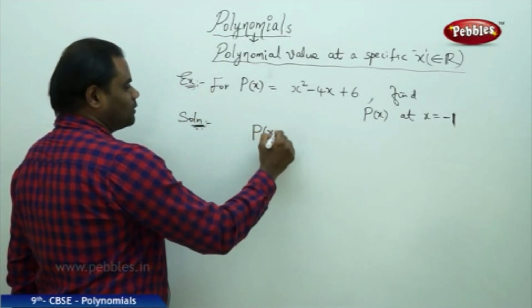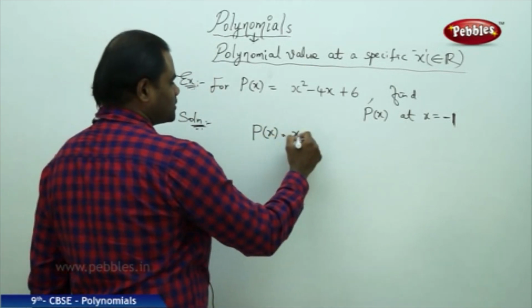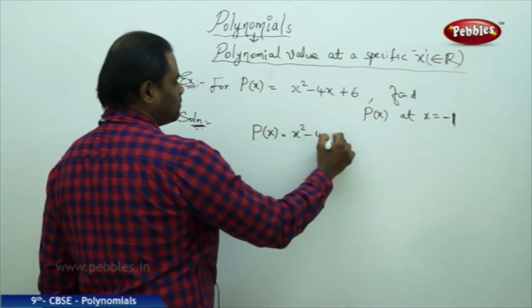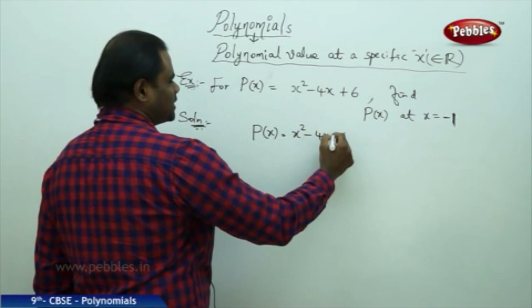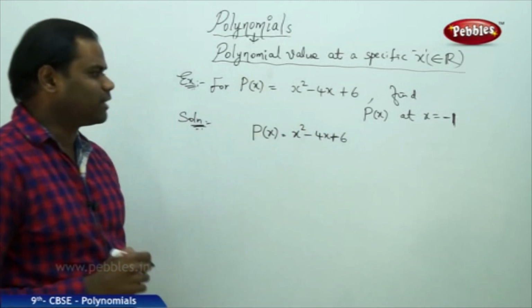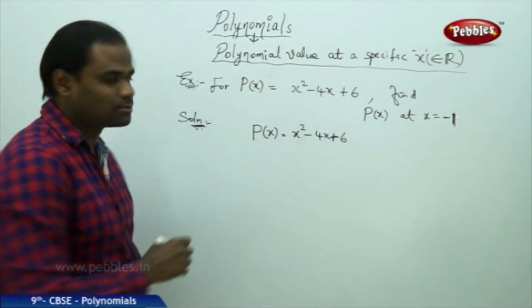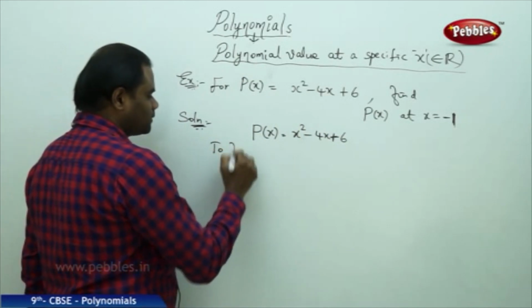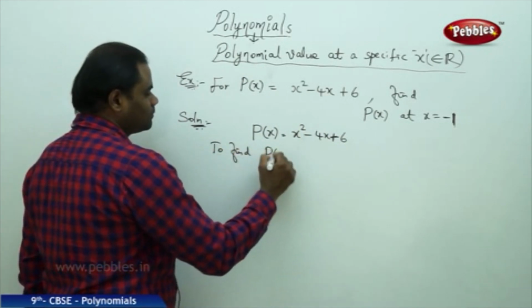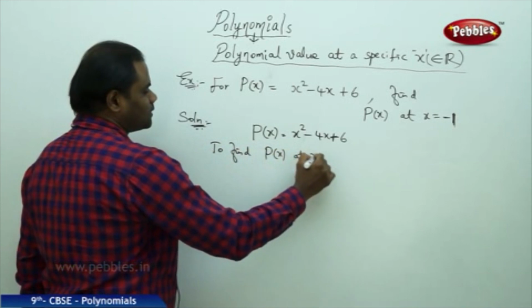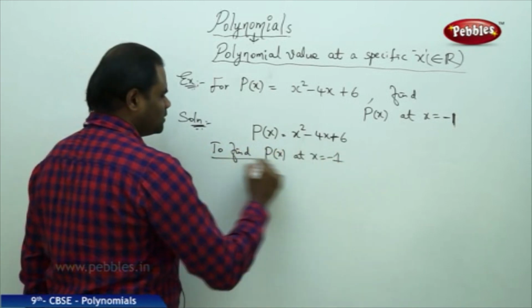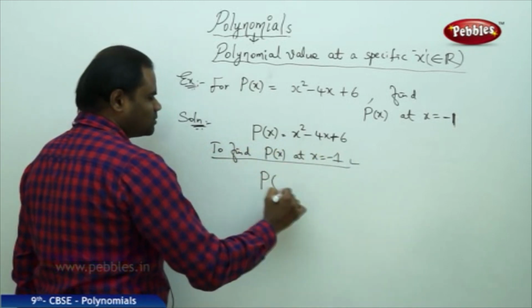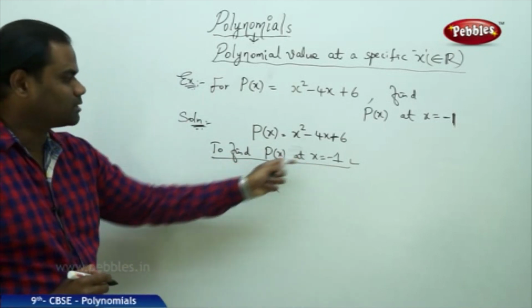The given polynomial or trinomial p of x is x squared minus 4x plus 6, and I need to find p of x at x equal to minus 1. So to find p of x at x equal to minus 1 implies I need to just find p of minus 1.